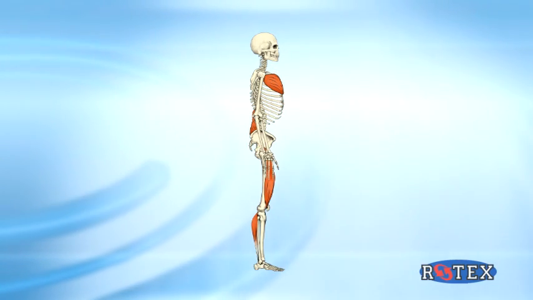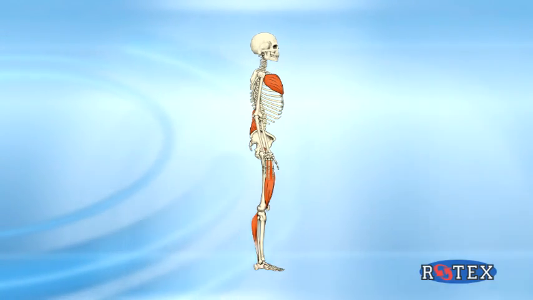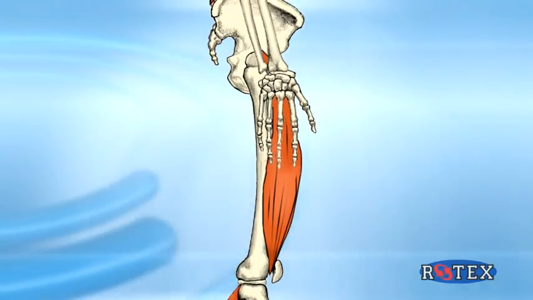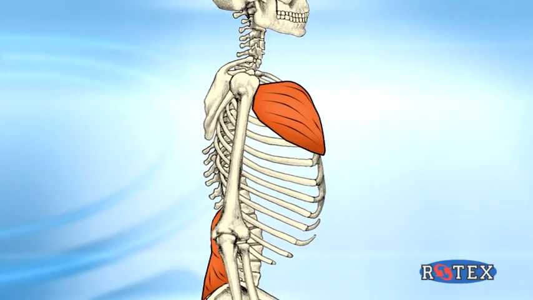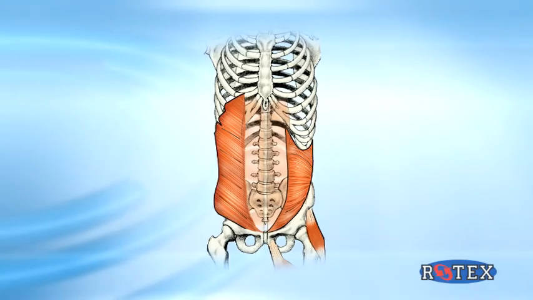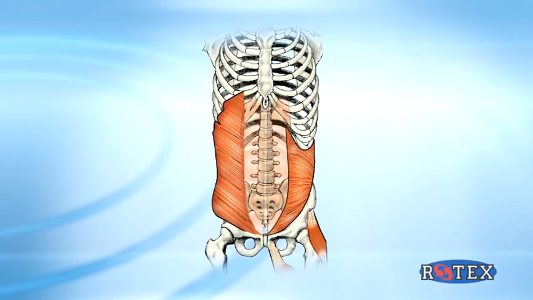Again, just like your car's brake pedal. The purpose of accelerators is to create movement, and the purpose of the brake is for protection of the body, most importantly to protect the spine and the joints. The accelerators are usually very strong and shortened. Examples of accelerators would be the calves, the quads, the pectorals, or the pecs, the muscles that rotate the hip outward, and the muscles that turn the trunk to the opposite side.